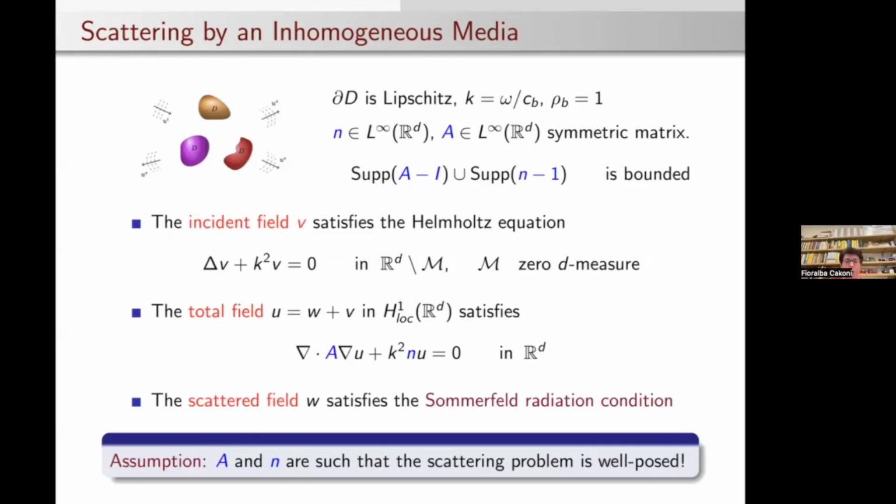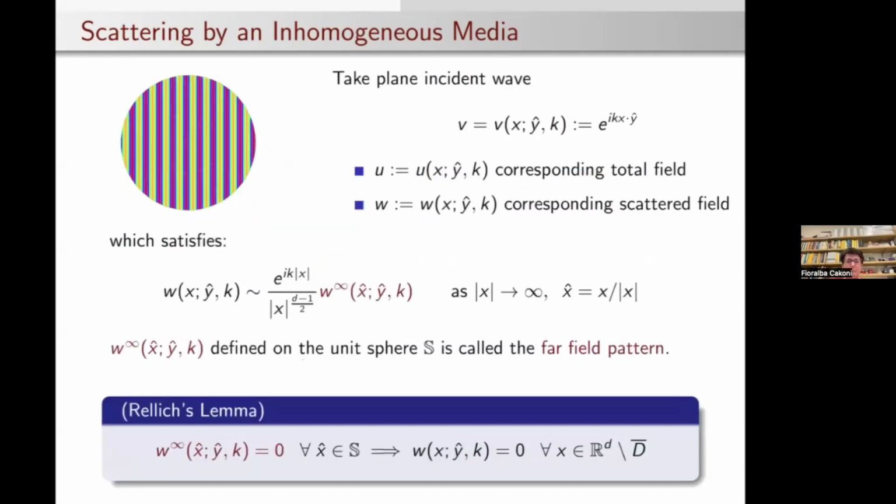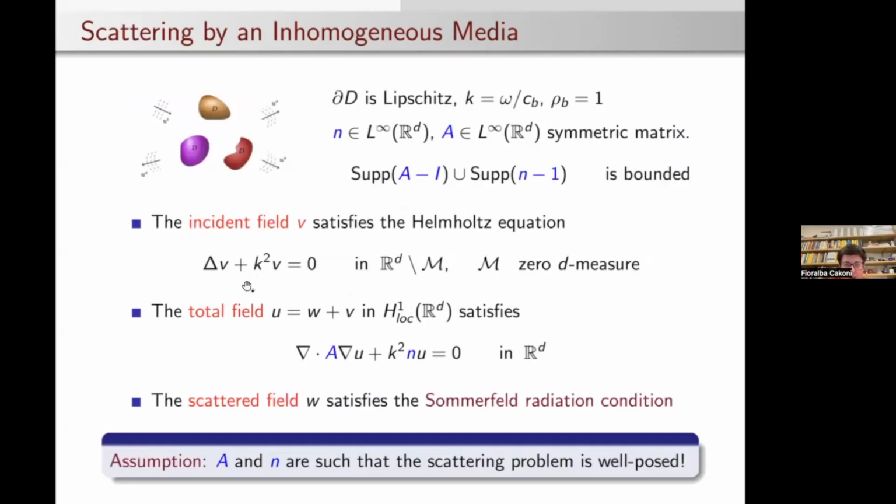Okay, I'm not going to go into when this problem is well posed. I'm going to assume that the coefficients and the smoothness of the boundary, that it's Lipschitz, are such that the scattering problem is well posed. Okay, so here the incident field comes in.